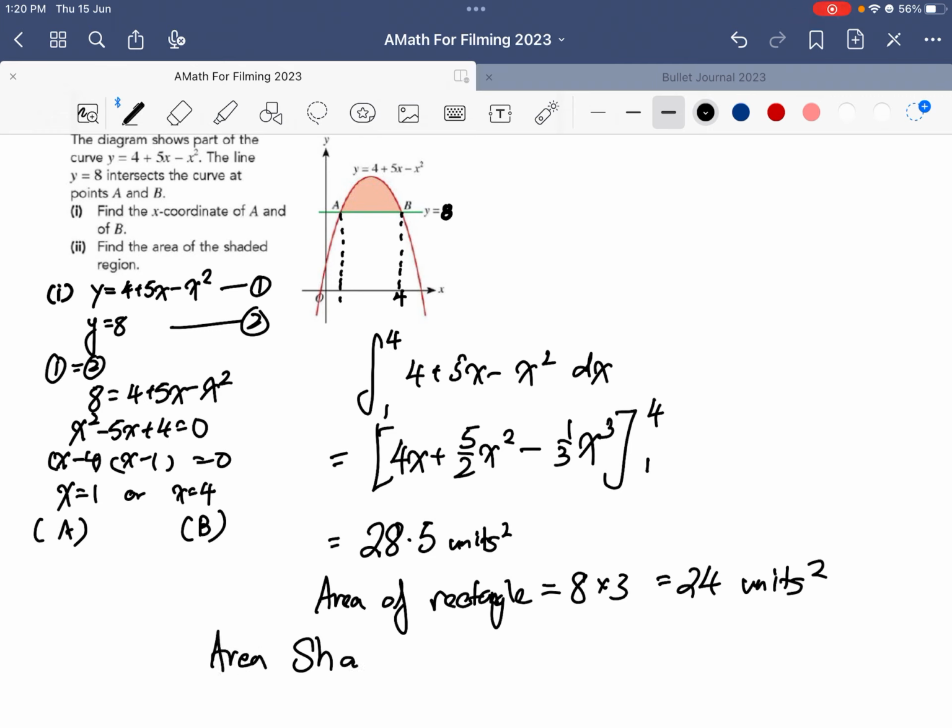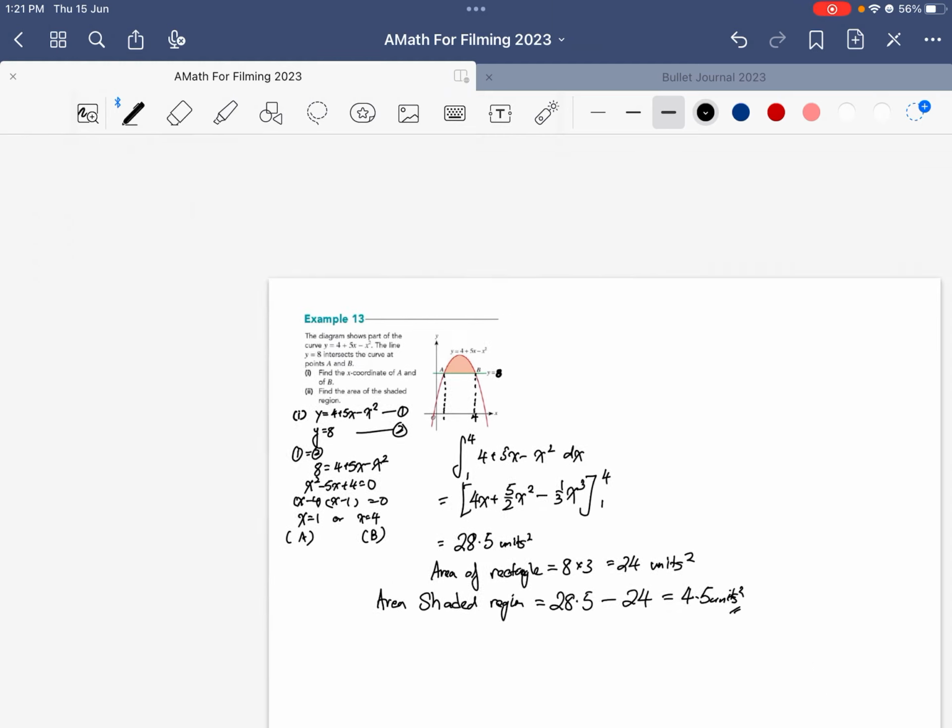Hence the area of the shaded region will yield 28.5, the area bounded by the curve and the x-axis, minus the area of that rectangle over there. What we get is 4.5 units squared.